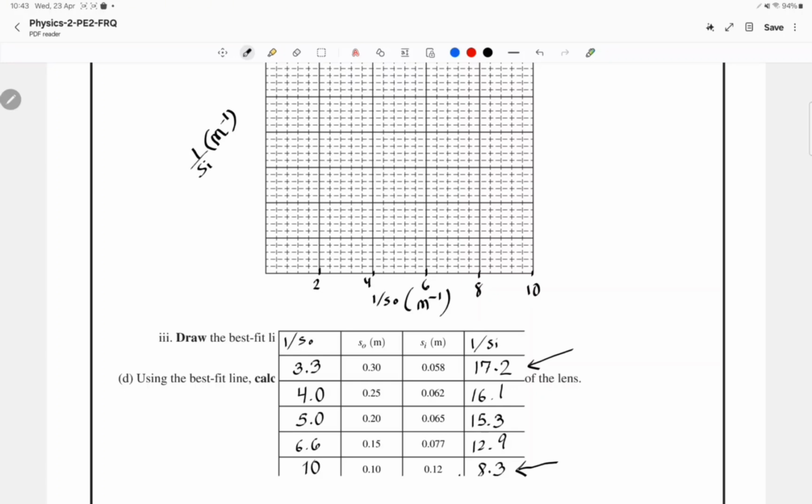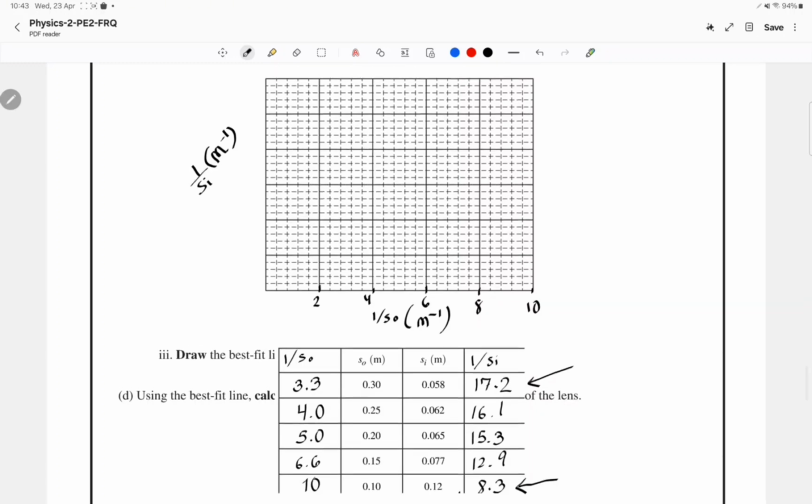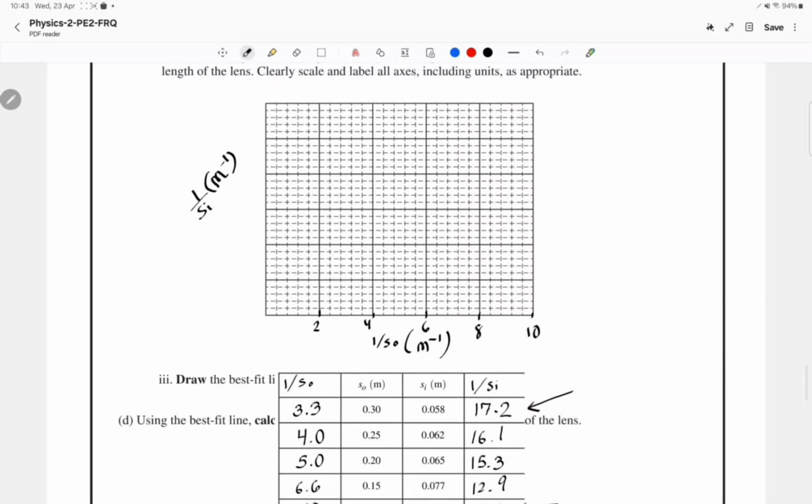So 8.3 all the way to 17.2, right? So what division points can we use? Like a 5, a 10, a 15, a 20, 25, and a 30. As long as you cover 1/2 of your graph, you're fine.